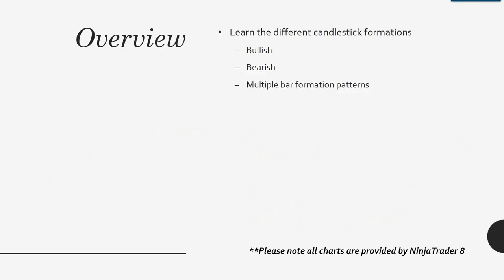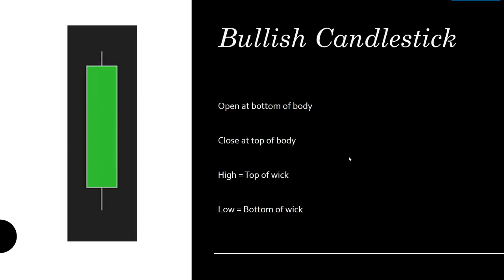Now for those of you that are not familiar with the candlesticks, the body is the colored portion. Sometimes they're transparent or clear. And then you have a line at the top and a line at the bottom. The bullish candlestick, the open is down here at the bottom of the body.